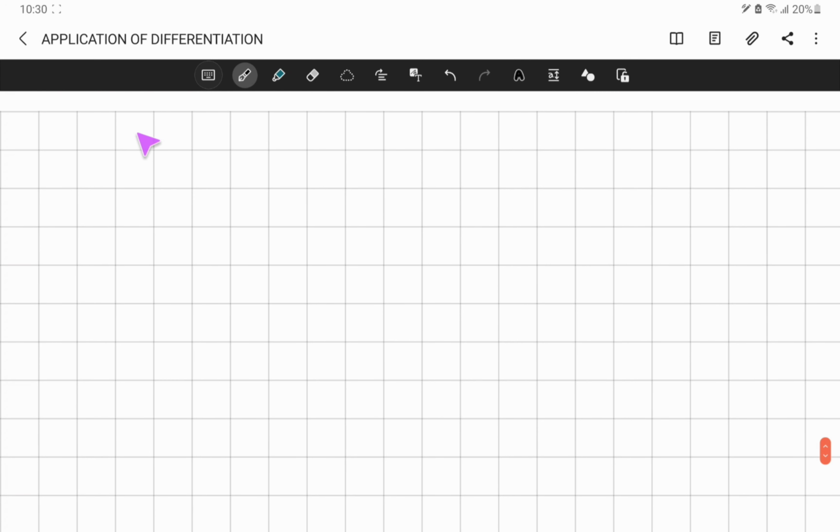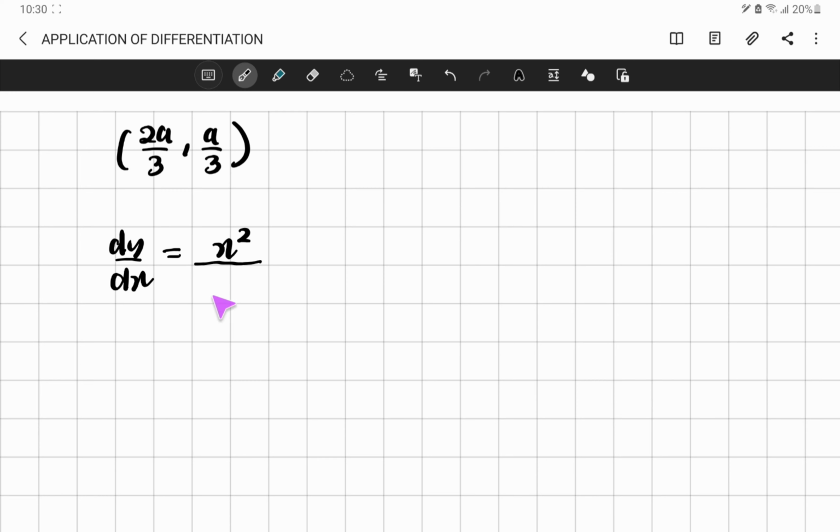Now we have a point of 2a over 3 and a over 3. Let us substitute into our dy/dx just now, which is x squared divided by y times (2a minus y).